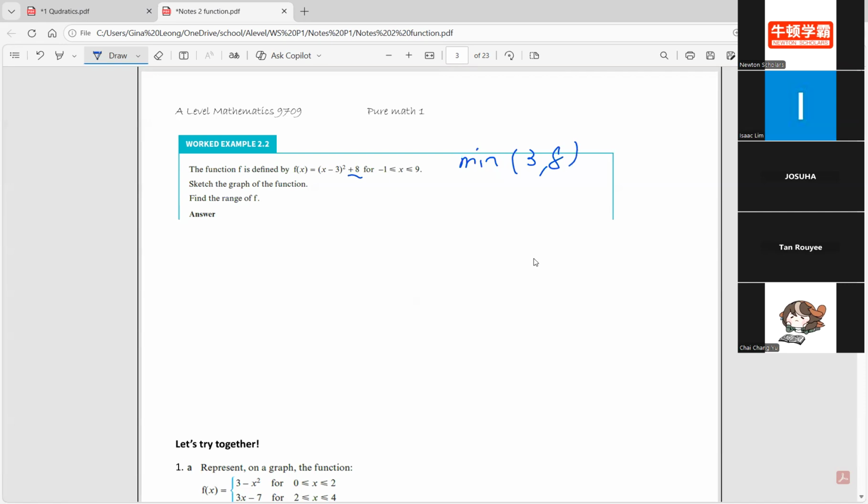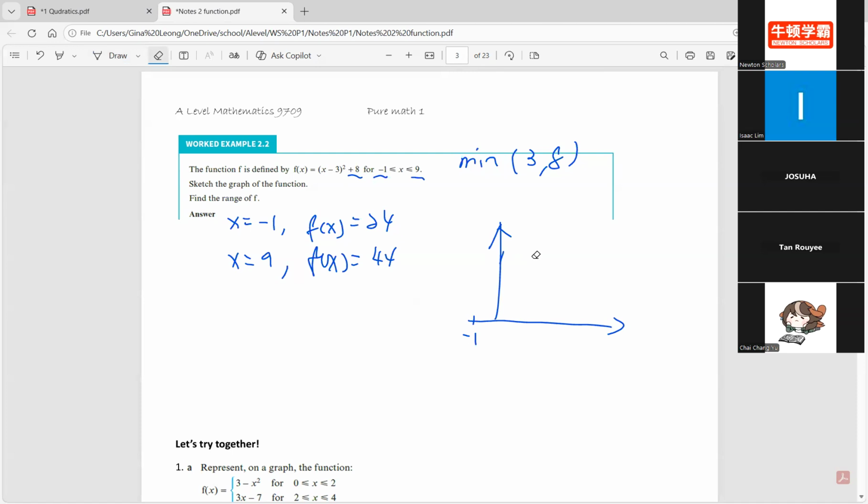Then after that, we need to get these values out. When x equals -1, you just put in your calculator, and you will get 24. When x equals 9, you put in, you will get 44. So we can draw the graph. This one is (-1, 24), very high.